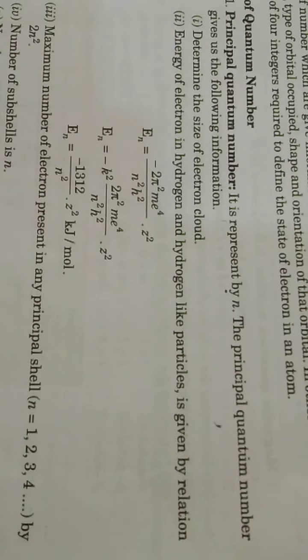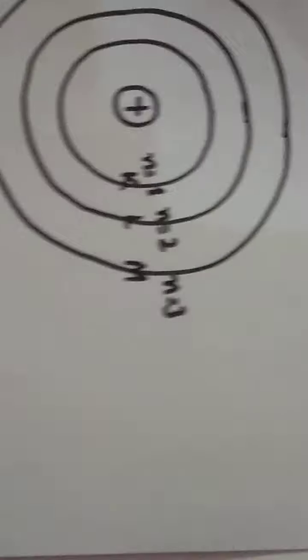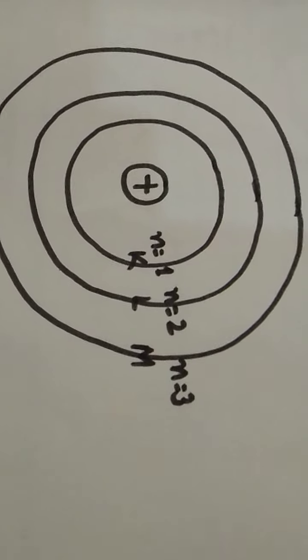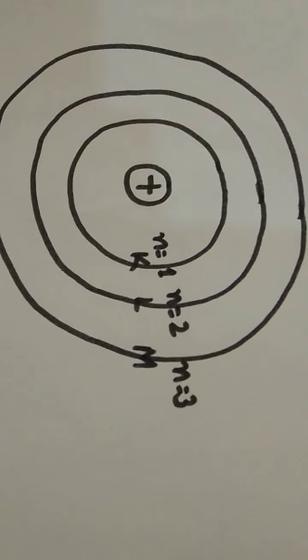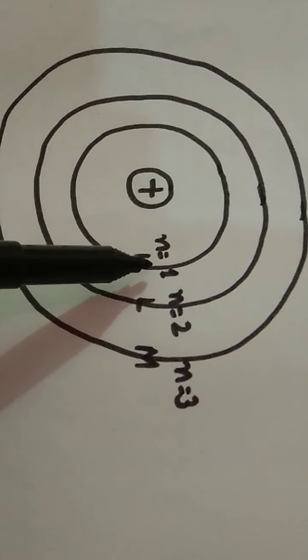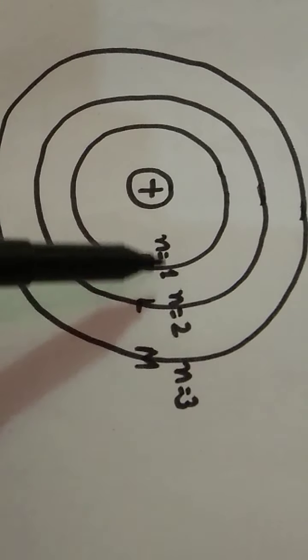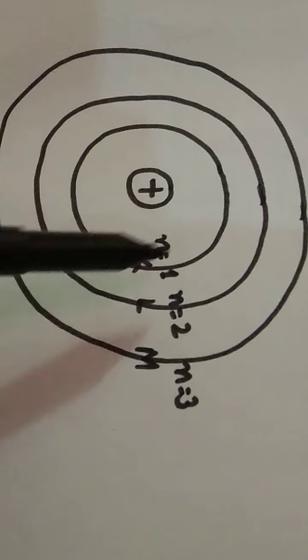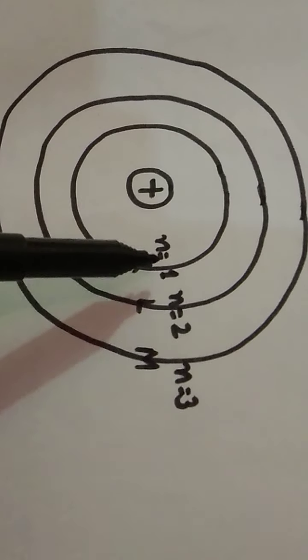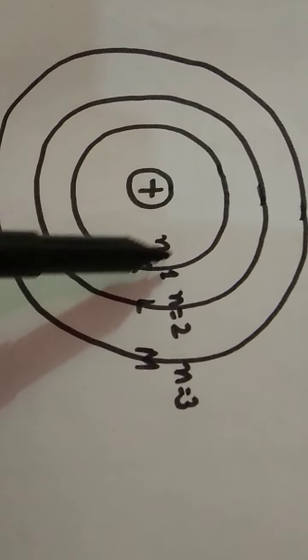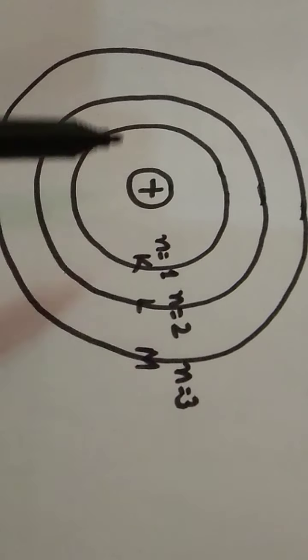And what is the different information that this principal quantum number n gives? Now children, if this is an atom, here this is the nucleus, and this first shell has principal quantum number n equal to 1.